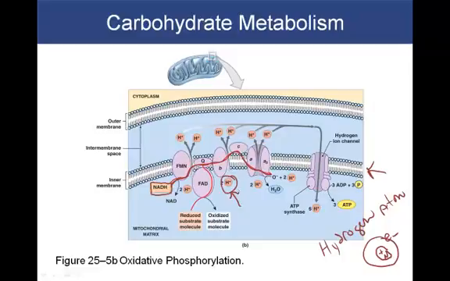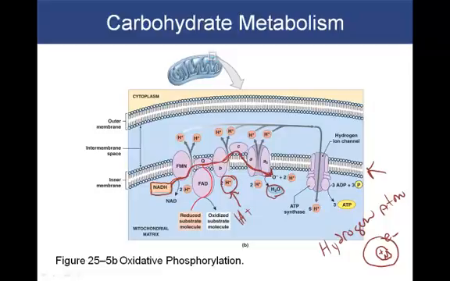When you remove the nucleus of the hydrogen atom, you end up with the hydrogen ion. And what continues along the path is the electron. Ultimately, the electron is going to react with the oxygen, and it's going to produce water.